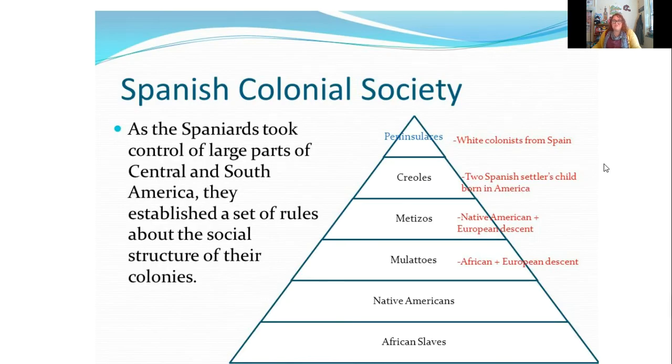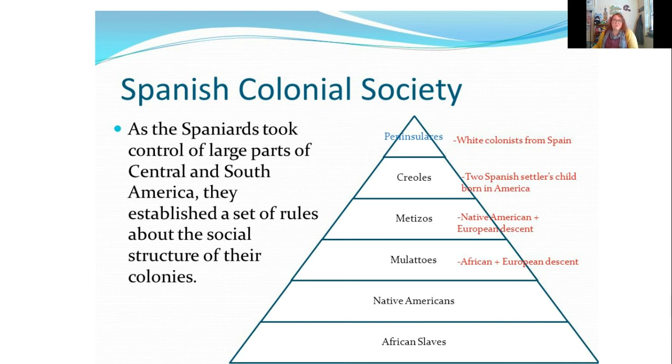So let's start to have a conversation about the Spanish colonial system, because it really was the Spaniards who would set the rules of the social structure.